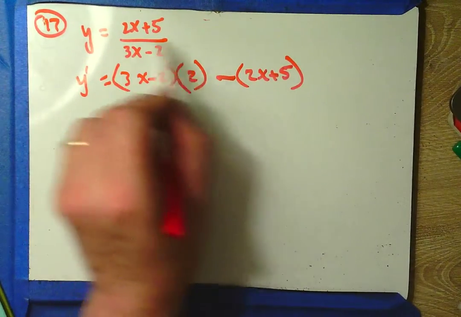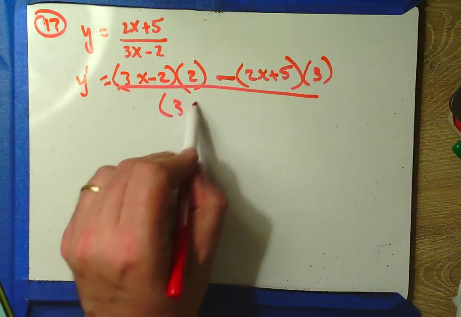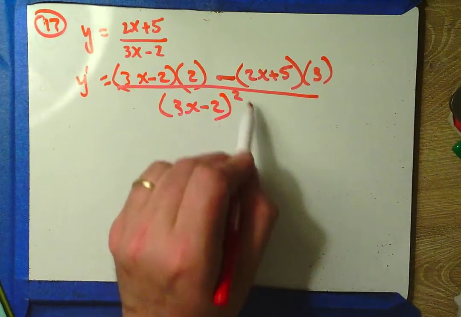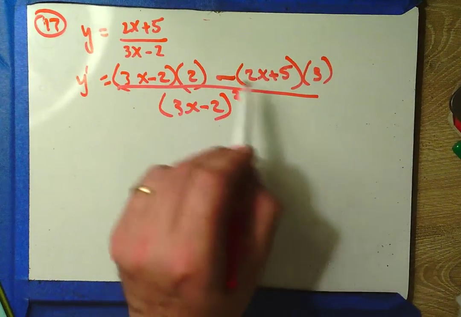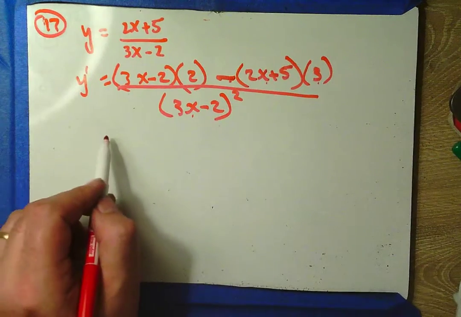The derivative of this bottom function is 3, all over 3x minus 2 squared. Low d high minus high d low over low squared.